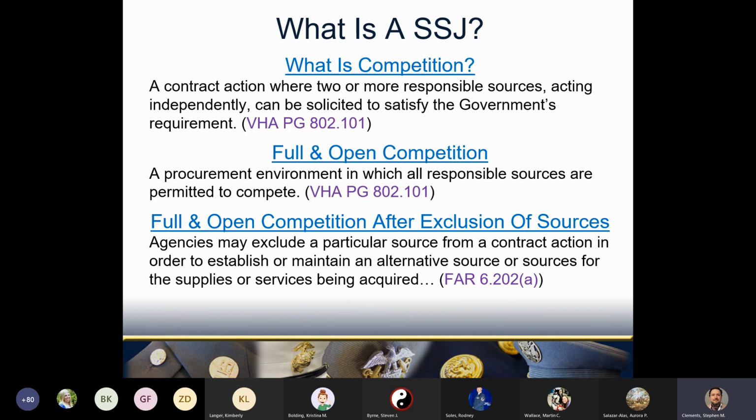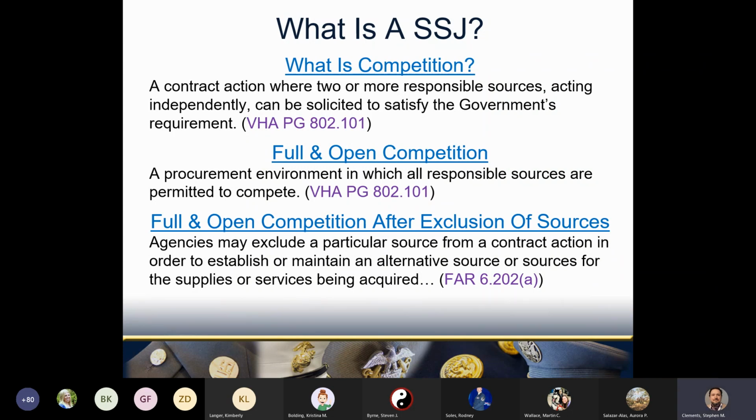Your CO may decide to allow only certain socioeconomic groups of vendors to compete for a contract. We're going to talk more about the different groups later, but the goal of this type of competition is for small businesses to get first crack at our contracts without being blown out of the water right off the bat by large businesses.